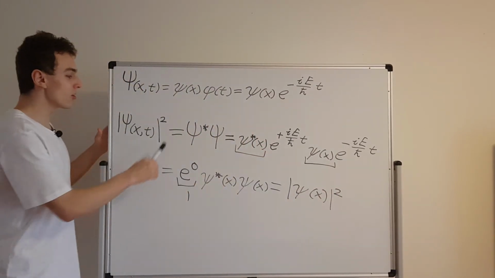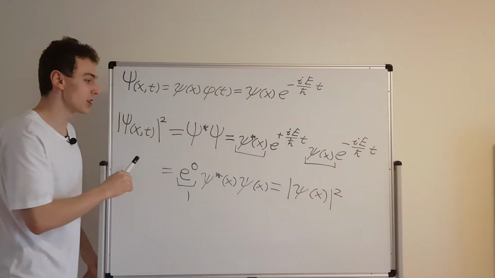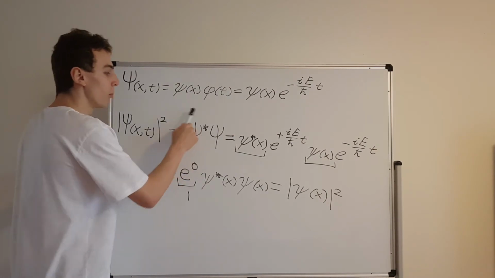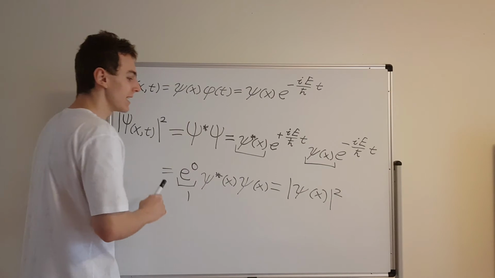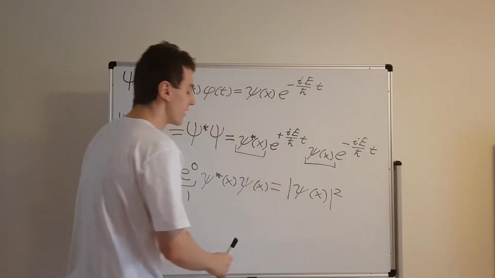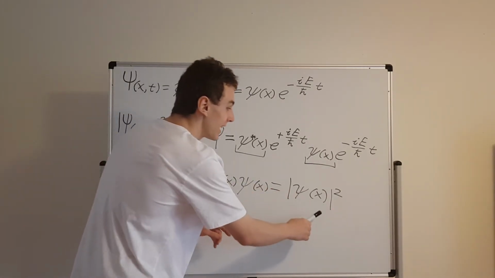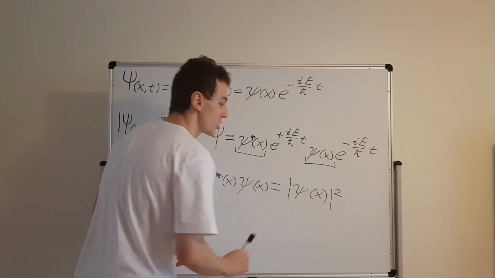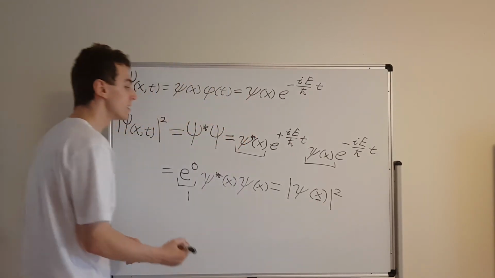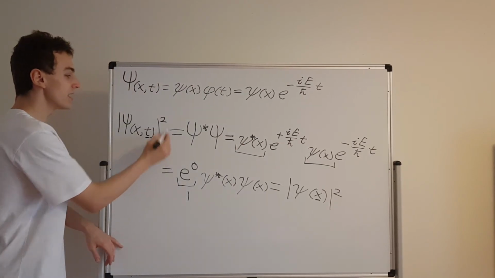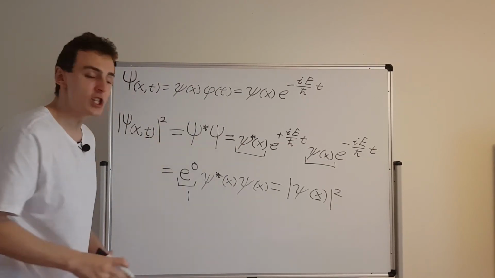Using the same reasoning over here, this is the probability density function, and this over here is the complex conjugate times the wave function. So we can work out that this guy is just dependent on position. There's just an x dependence. There's no dependence on time. So this is actually a stationary state.